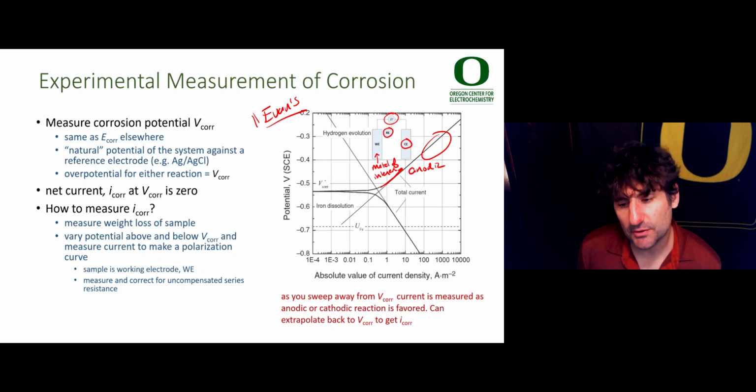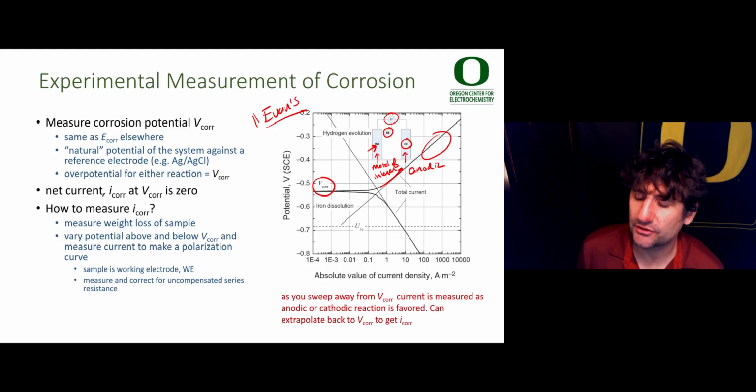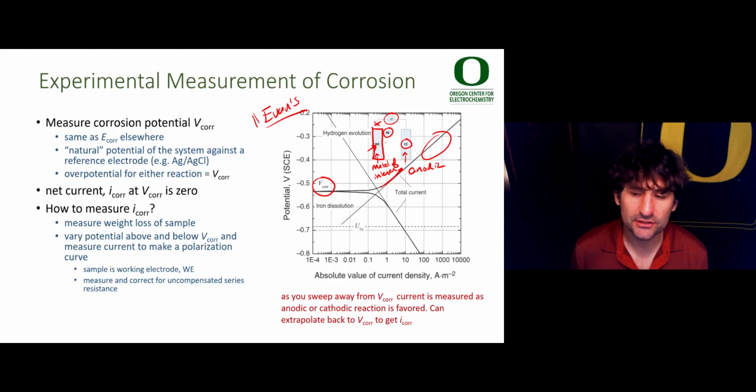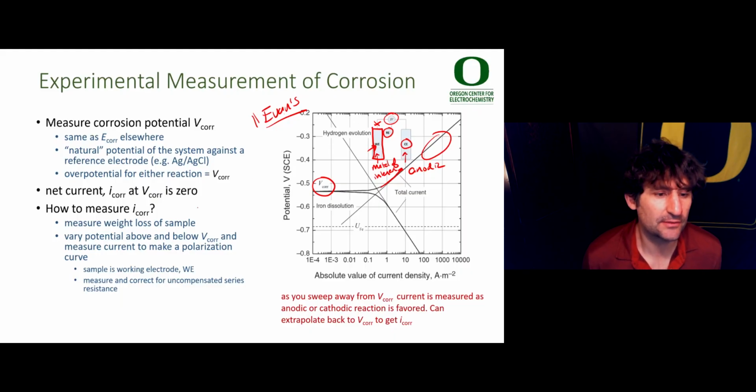In those cases where we sweep the potential away from the steady state corrosion potential, the current passing on the working electrode does not need to be zero, because we can also pass current at the counter electrode. However, if we disconnect this wire, remember that the total Faradaic current happening at the corroding metal must be equal to zero at steady state, because all the current has to flow somewhere.